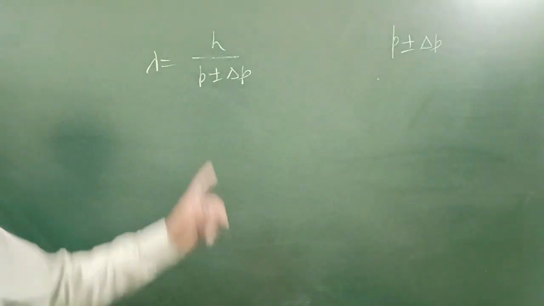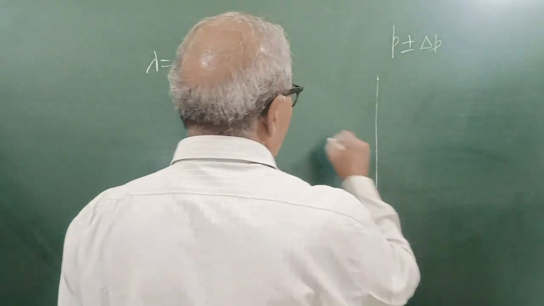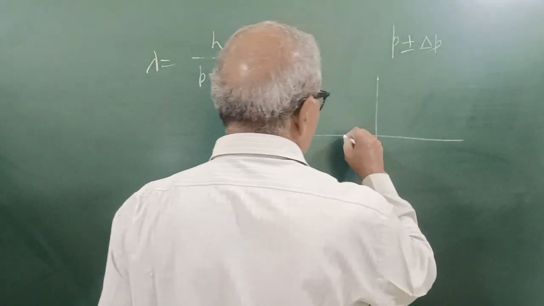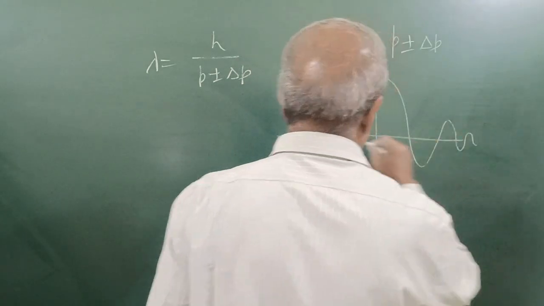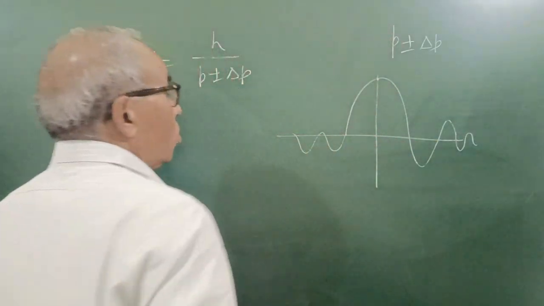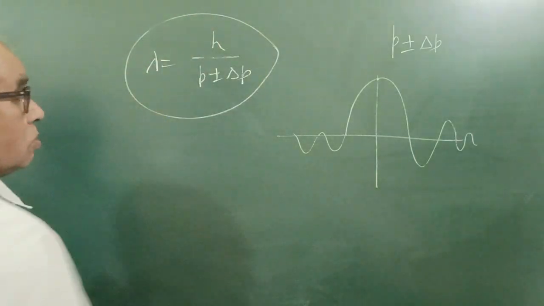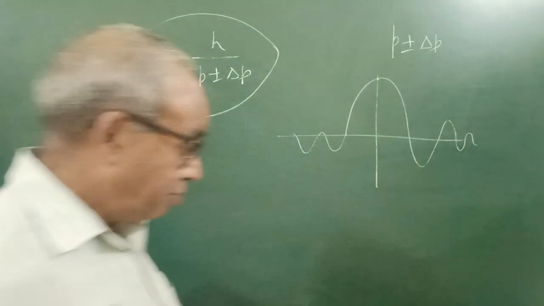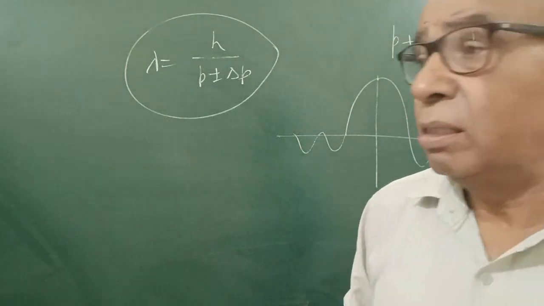It is a packet of waves, a bundle of waves having wavelength varying from a central maximum like this. Not definite, and they are localized in one region, while light waves have definite wavelength.